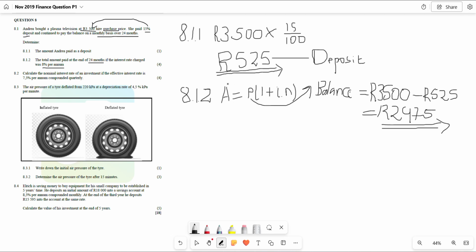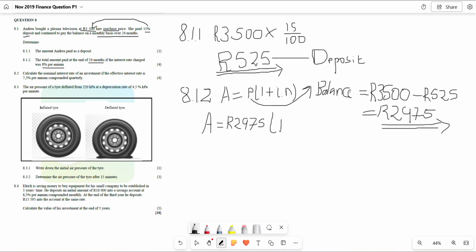Remember, we are looking for A, which is the total amount to be paid for the duration of the hire purchase agreement or contract. P in this case is 2,975. That is the amount that Andrea is expected to pay back.